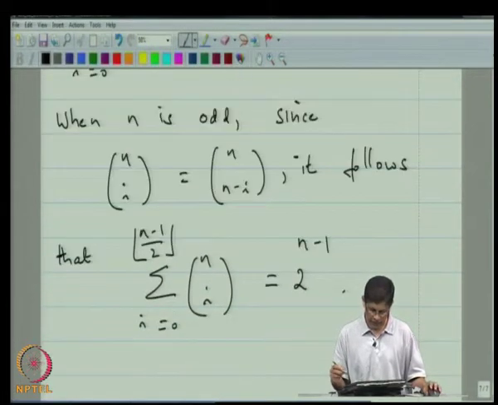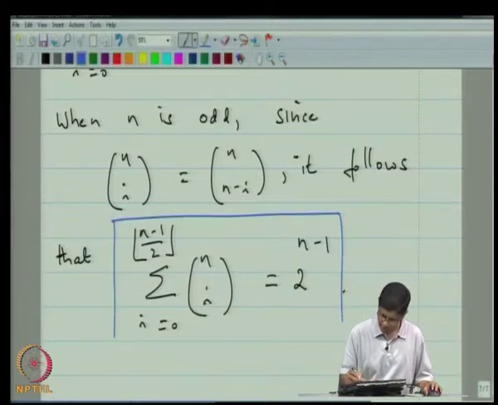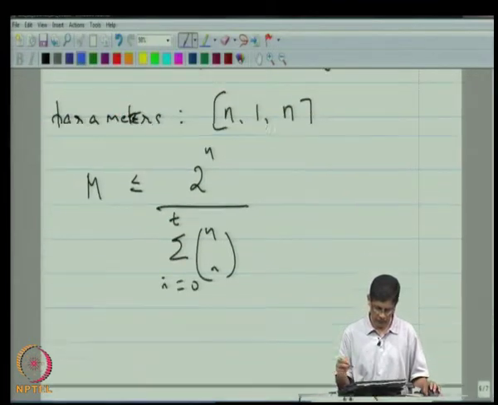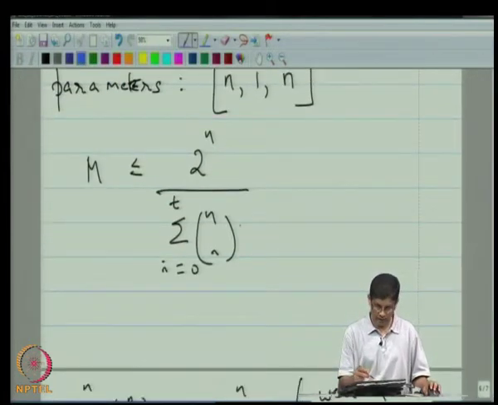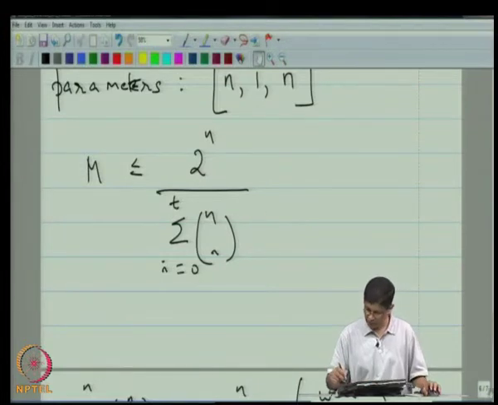So, now we are ready to plug this in. So, we want to use this and plug it into the Hamming bound. So, here is the Hamming bound. We want to replace this denominator here with what we have just derived.